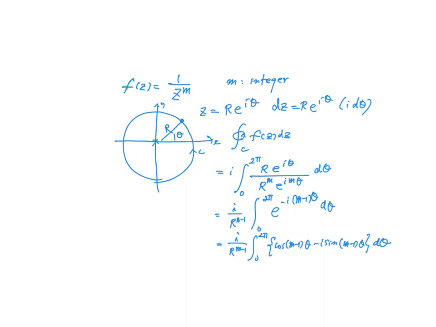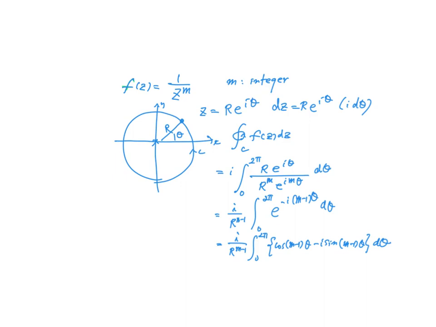If you have a cosine of something times theta over 2 pi, if you have an integer argument of cosine and you integrate it over 2 pi, it's 0, right? Except when m is equal to 1. Cosine 0 is 1, right? So when m is equal to 1, this becomes 1, so we have 2 pi. Sine is always 0, right? When m is an integer, m minus 1 is an integer, you get always 0.